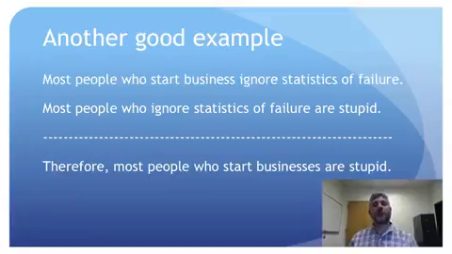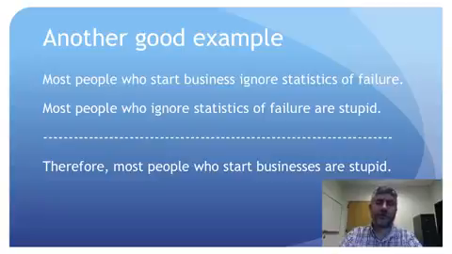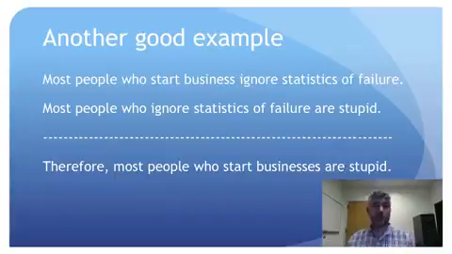Now let's consider another example so you get the idea. So consider this argument. Premise one: most people who start their own businesses ignore statistics of failure, because the statistics of failure for startup businesses are pretty bleak. The vast majority of startup businesses fail.